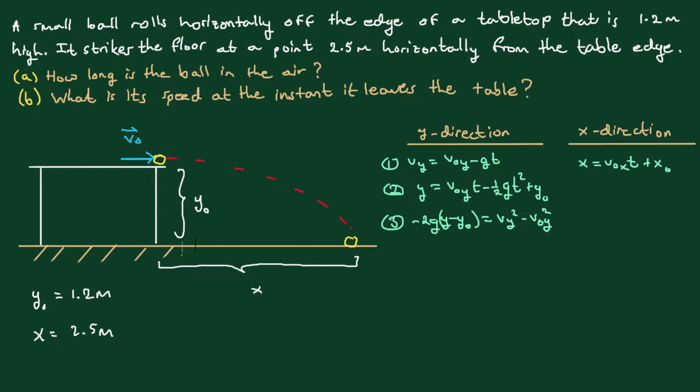Now, another thing we can get from the problem, it doesn't explicitly state it, but you can see that the ball has only an x velocity and no y velocity. Why? Because the ball rolls horizontally off the edge of the table. So this tells us that v0y must be equal to 0.